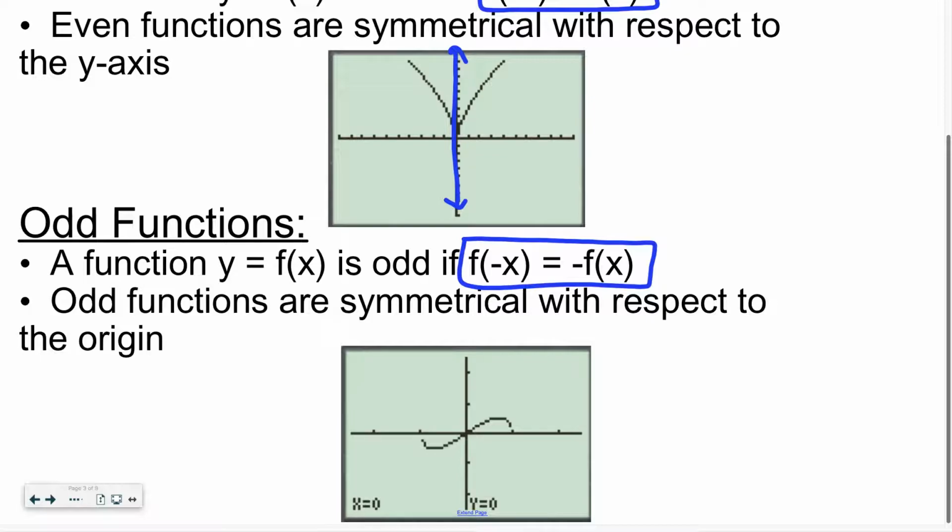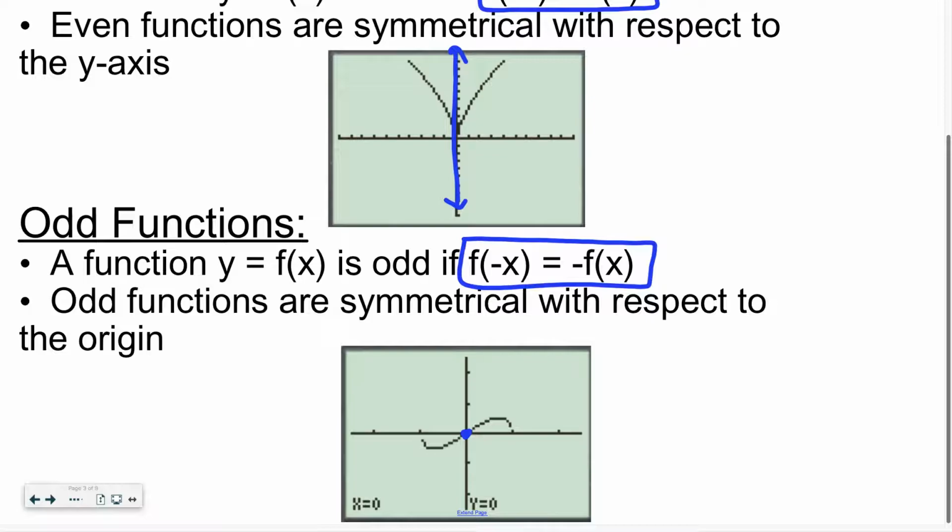Origin symmetry is going to mean that if we fold it along the x-axis and then fold it again along the y-axis, then it's going to match up. So we have some symmetry kind of on a diagonal, either like first and third quadrant or second and fourth quadrant.